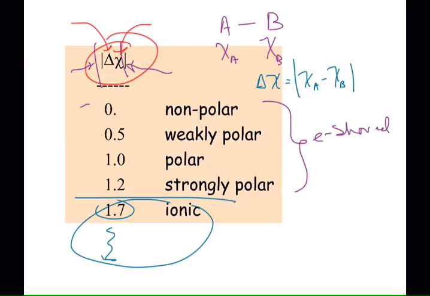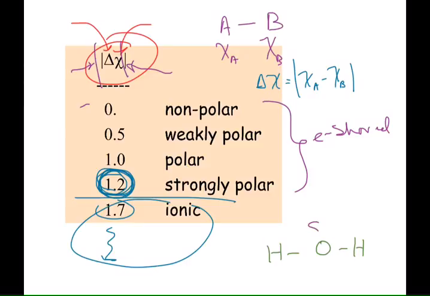Does that work? Now I want to bring back water right quick, if that's okay with you. I think we came up with an electronegativity difference between the oxygen and the hydrogen of 1.2, which actually is kind of strong. So I'm going to put my oxygen, hydrogen, hydrogen. Now, which one is more electronegative, the oxygen or the hydrogen? The oxygen was more electronegative, so that carries what we call partially negative. That's a lowercase delta.